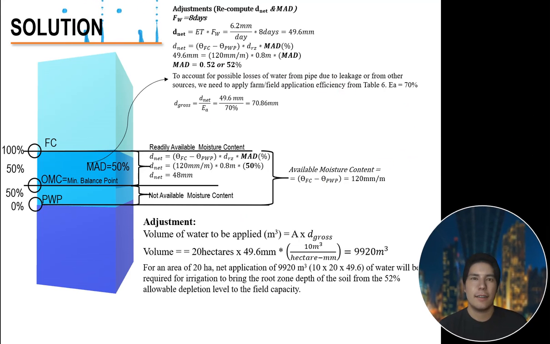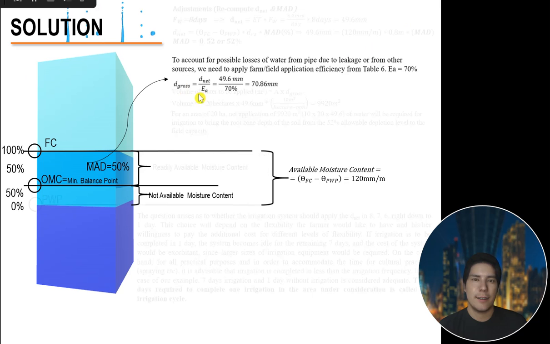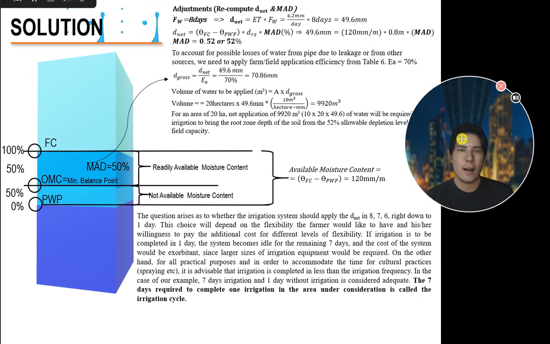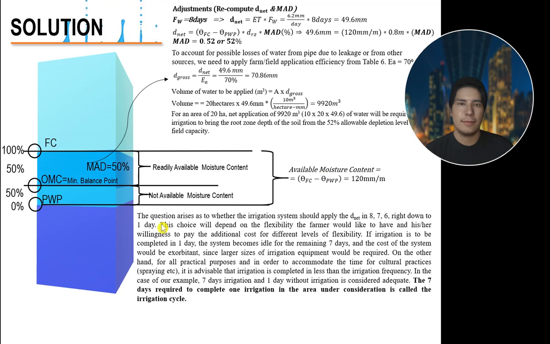Okay, so the question arises as to whether the irrigation system should apply the D net in 8 days right down to 1 day, no?